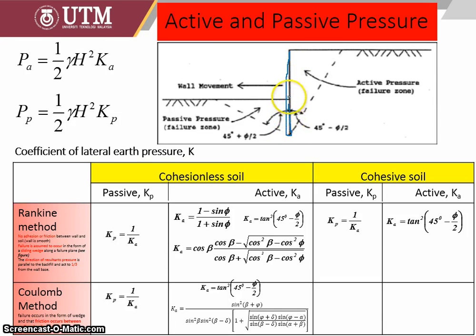Let's make it much thicker. So this retaining wall has active pressure from the higher portion of soil over here, and passive pressure from the lower portion of soil on the next side.